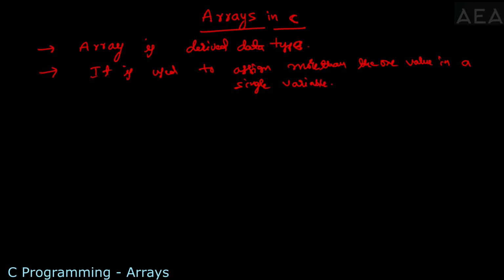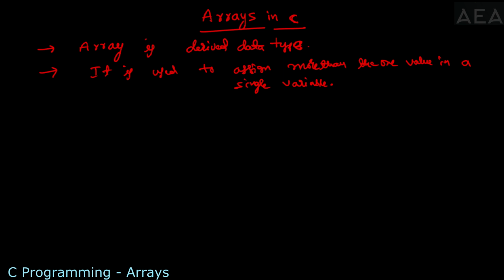Suppose I want to collect student marks information. A student has to pass in different subjects like maths, English, languages, and social science. I want to collect the marks of each subject.